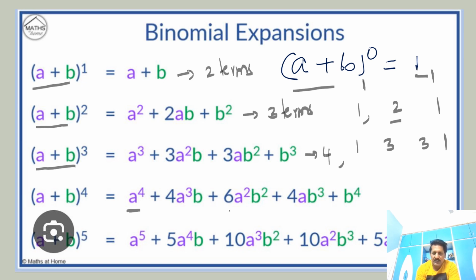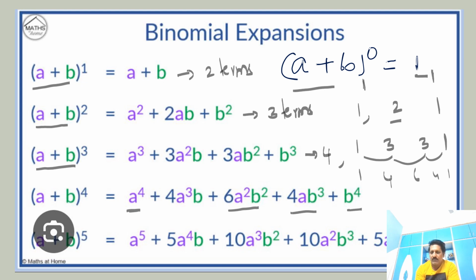Then 4c2 is 6, a squared b squared, then 4c3 is 4, a power 4 minus 3, that is 1, b power 3, and b power 4. Again for the coefficients, the first one remains the same, the sum of these two gives the second coefficient, the sum of these two the third, the sum of these two the fourth, and the last one remains the same. Like this I can extend up to any power.